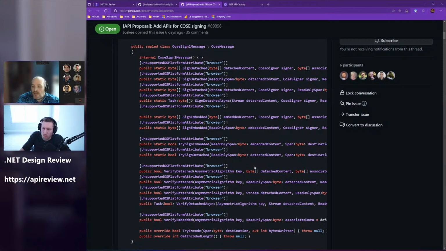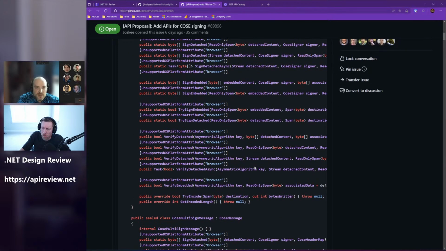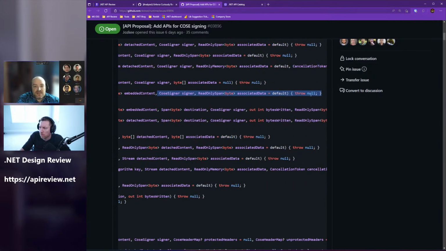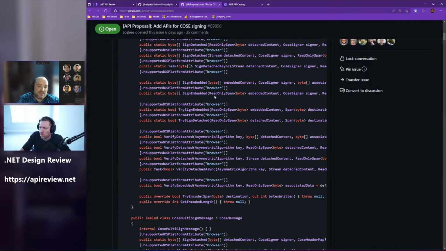Makes sense. Okay, so sign embedded looks like sign detached, except it doesn't have the stream overloads because, as mentioned, it feels like there's only a scenario for stream if you're detached. And then we have the spanny versions.